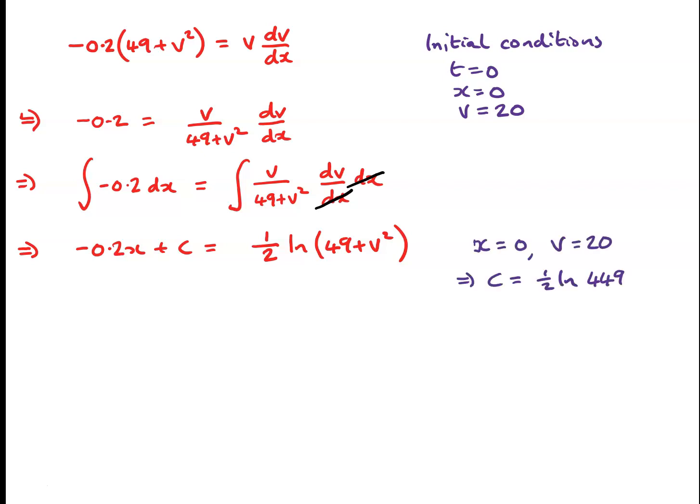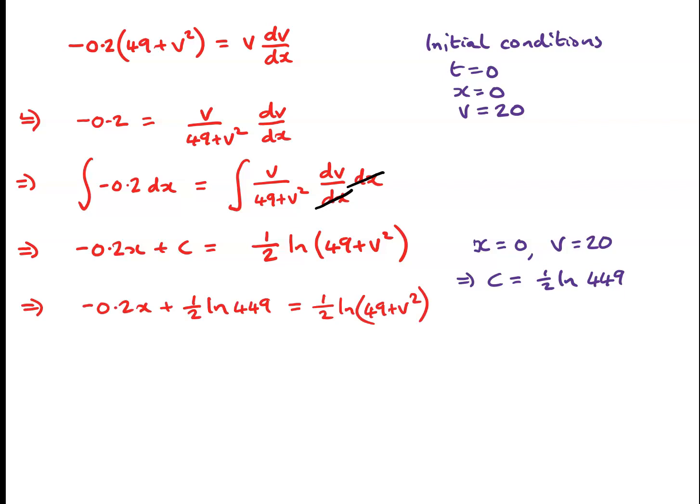Making use of the initial conditions, when x equals 0, we know that v equals 20, in which case that tells me that c must be half of the logarithm of 49 plus 20 squared, in other words, half the logarithm of 449.